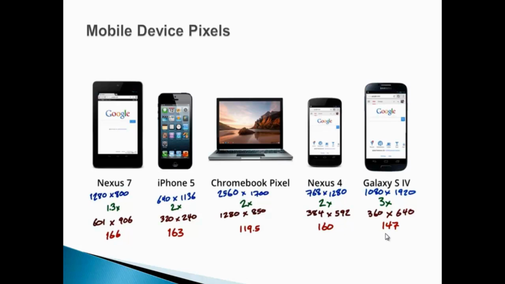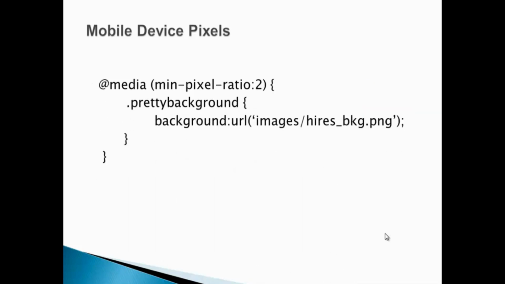This makes layout design much easier for us. The device pixel ratio gives you a clue to how high resolution the screen really is. In the next slide, you can also see device pixel ratio in media queries, used to control properties like background image.